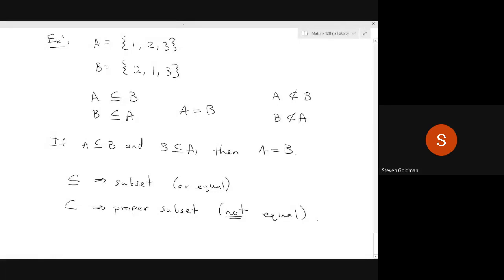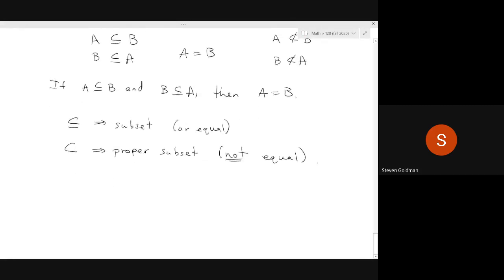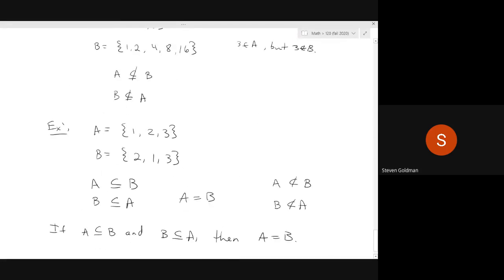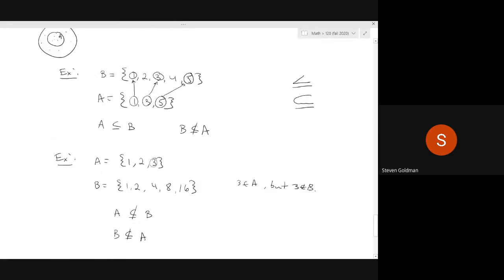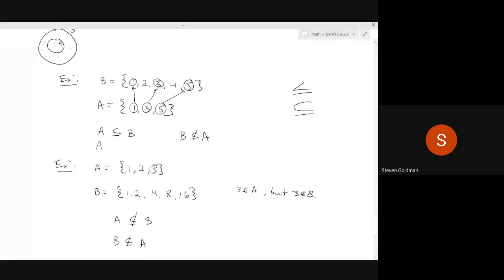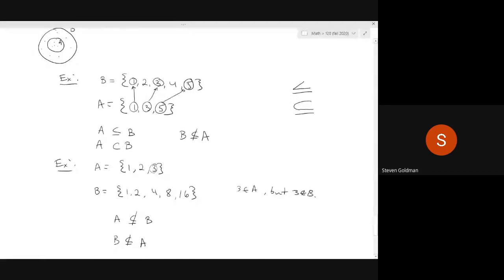So A is a subset of B, but it's not a proper subset of B. If I scroll back to the first example we did before, A is a subset of B, and I can also write that A is a proper subset of B. In that example, both of these statements are true.